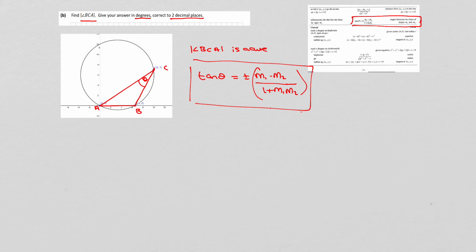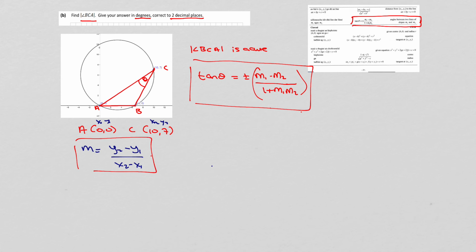So therefore, if I find the slope, if I take A, 0, 0, and C is 10, 7. So if I use this one first, so I have x1, y1, x2, y2, then my slope, we know from page 18, is y2 minus y1 over x2 minus x1. So subbing in our values there, I'll call it m1, we have y2 minus y1 over x2 minus x1. So m1 is 7 over 10.